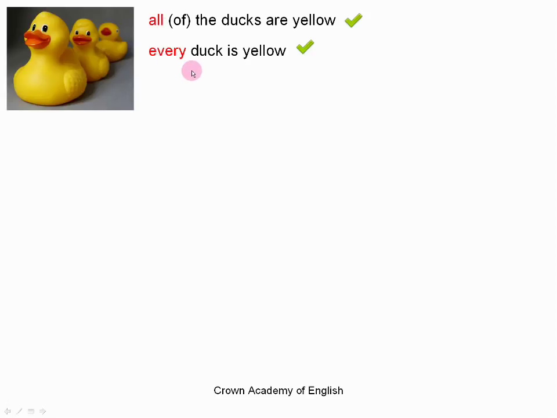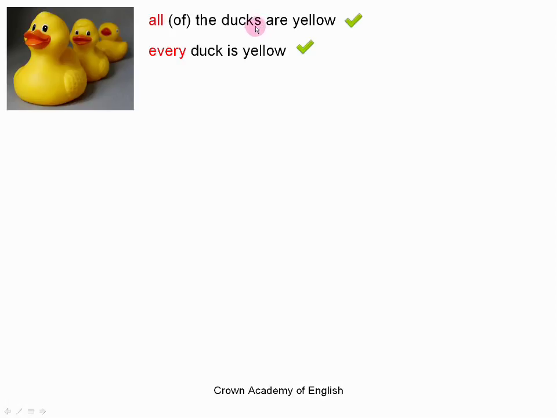Now, there is a grammar rule for when we use the word all. If you can see it, after the word all, the word duck is in plural. So when we use the word all, the noun must go into the plural.